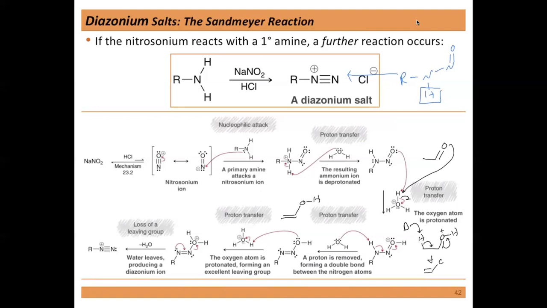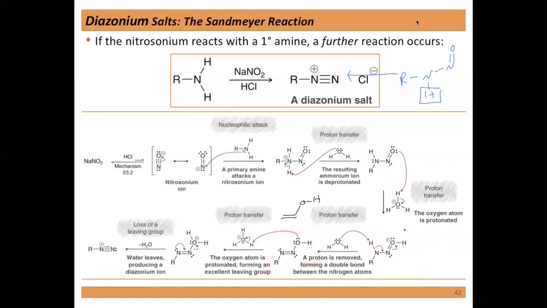So the electron flow here is exactly the same as an acid catalyzed enolization reaction. But we're going to do it with this interesting N-nitrosamine. So protonate it, enolize it, and then we end up with this interesting group.